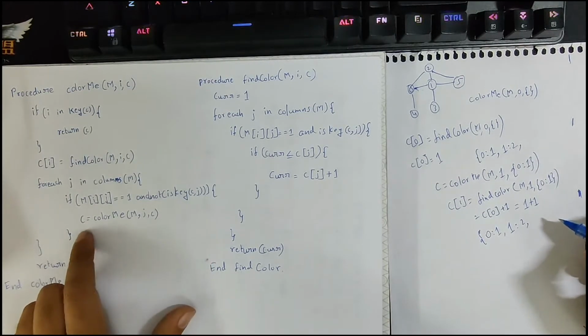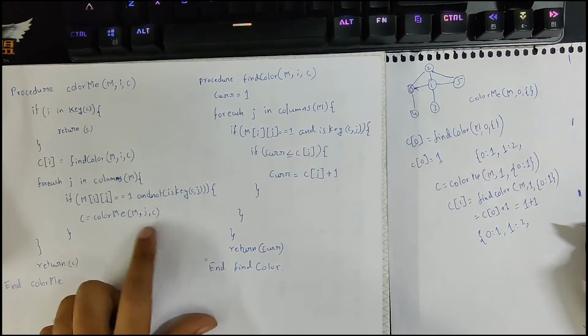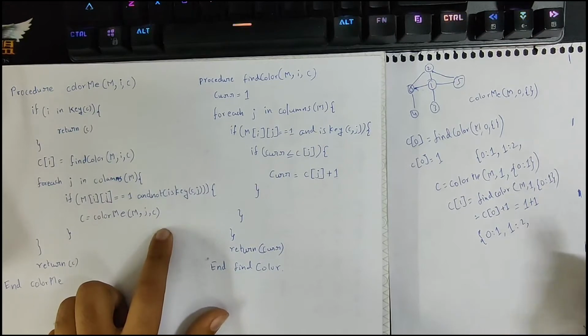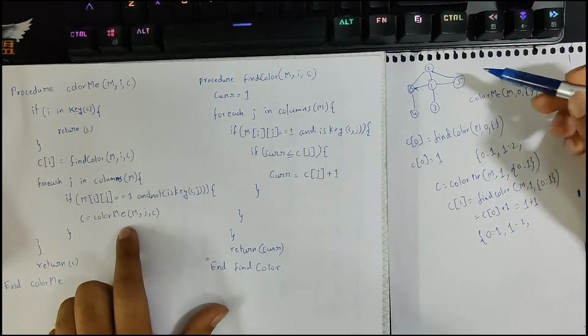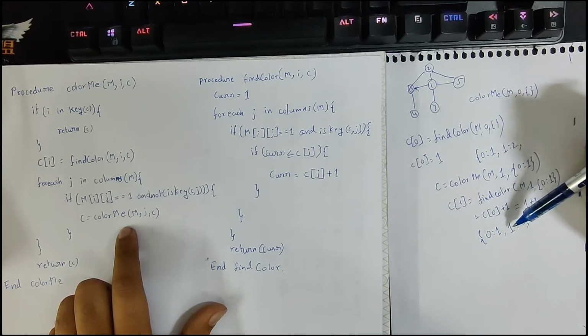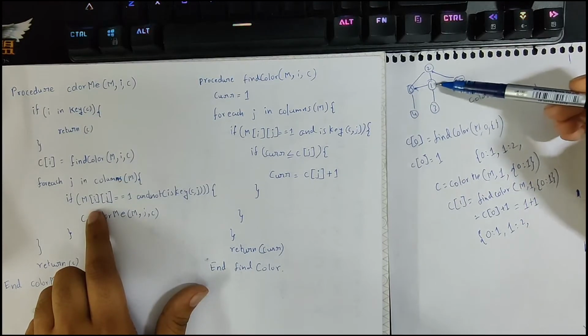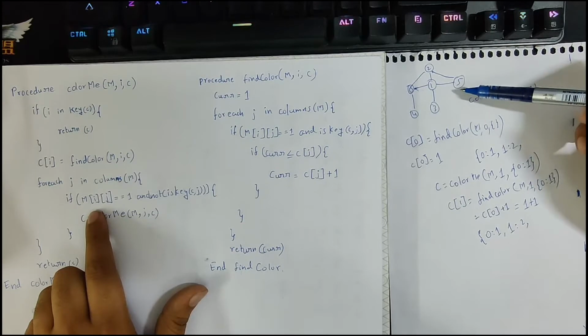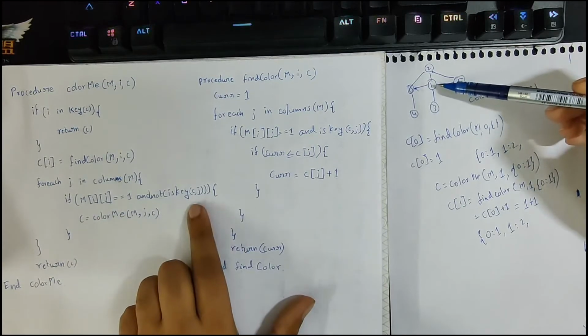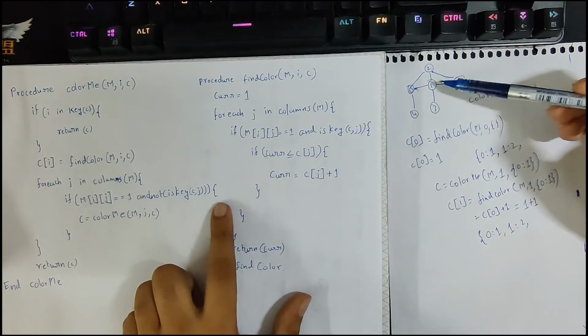Then we'll go to another recursion, c equal to color me of m comma j comma c. So next we are looking from vertex 1, we assigned a value already, c of 1 equal to 2, and from 1 there are edges to 0, 2, 3 and 5. If you go in sequence, 1 to 0, 0 is a key in this, so we won't go to that step.